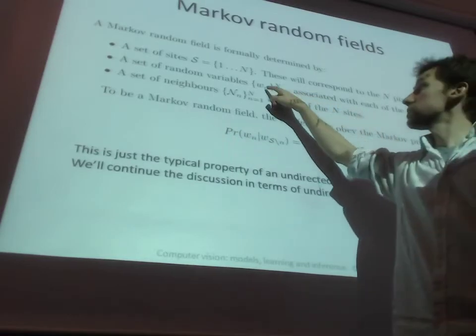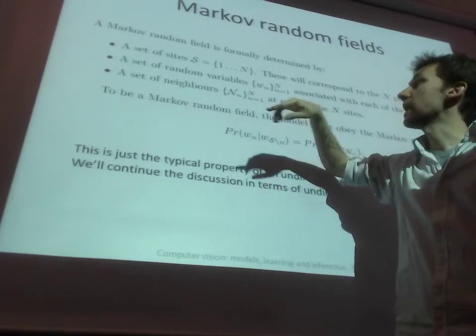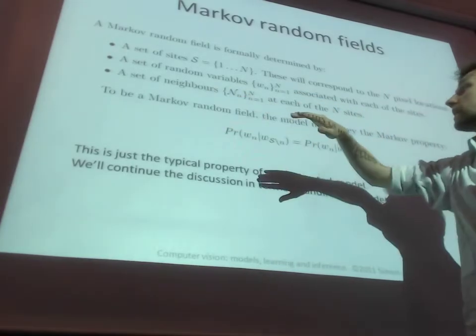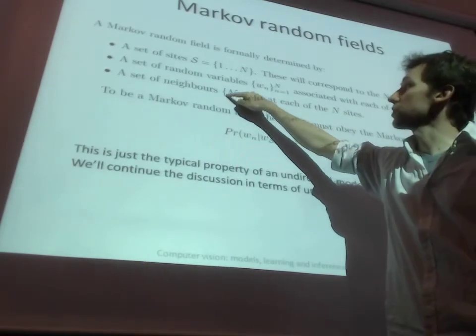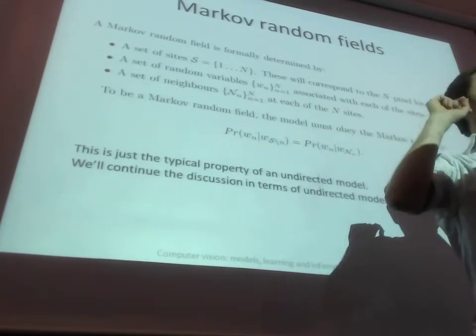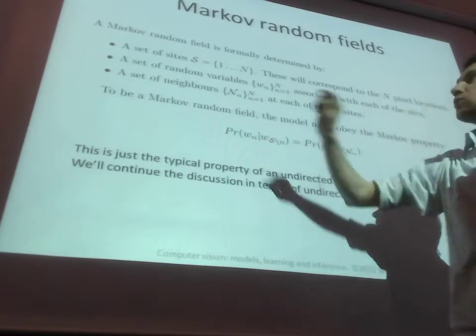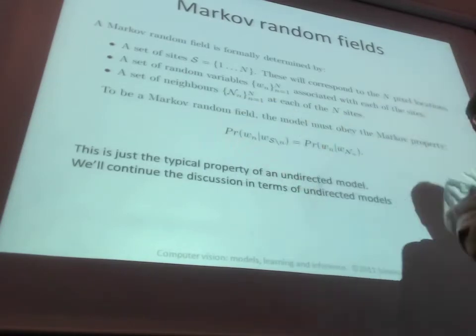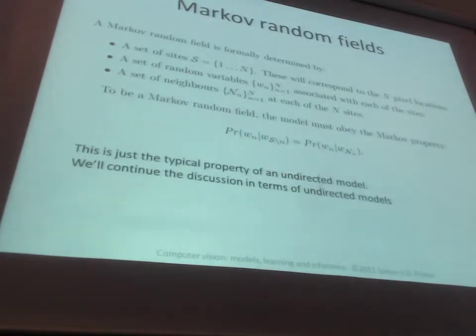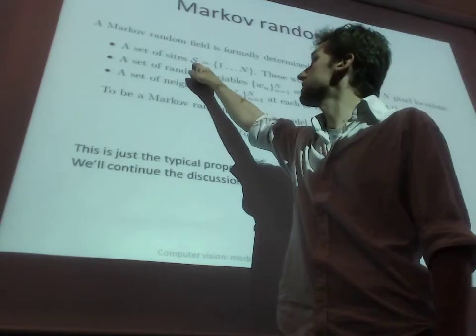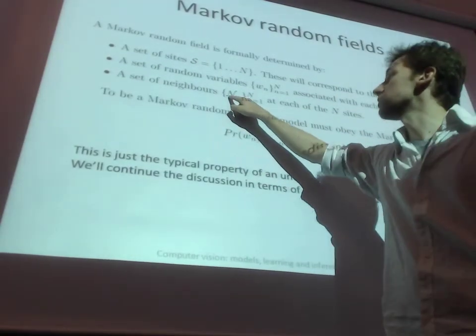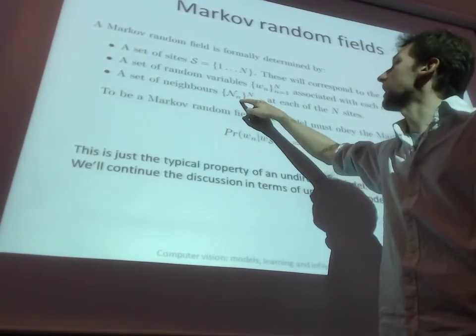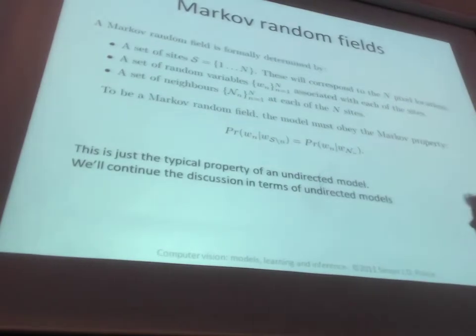And then for each of those W's, we have a set of neighbors. This curly N is indicating neighbor, right? So just notice whenever there's curly or Greek, this is suggesting something slightly special. So we've got a set of sites, and we've got the neighborhood of one of the N sites.